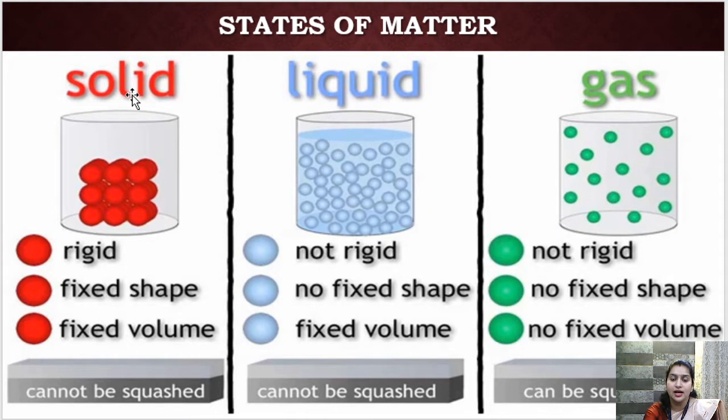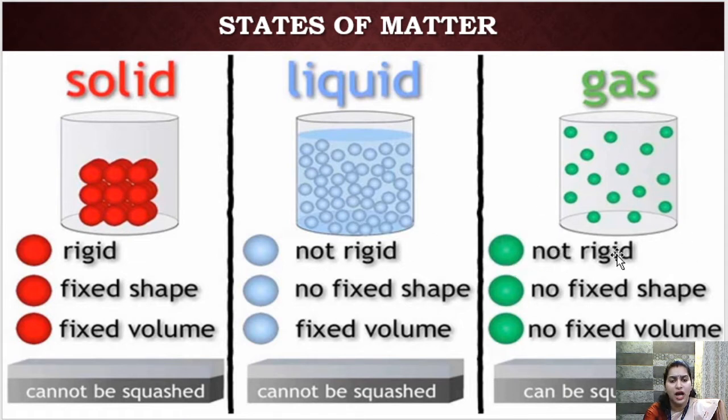They are rigid. They have a fixed volume. Whereas liquid, though it has a fixed volume, does not have a fixed shape and it is not rigid. Whereas gas, it is not rigid.